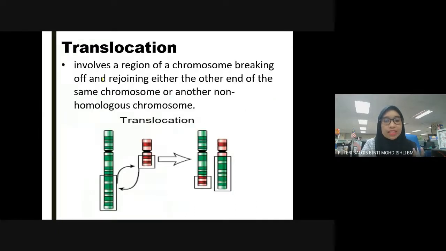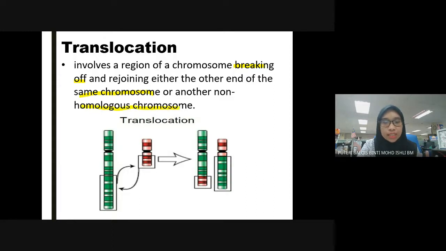Then we have translocation. Translocation is a region of chromosome breaking off and rejoining either the other end of the same chromosome or another non-homologous chromosome.